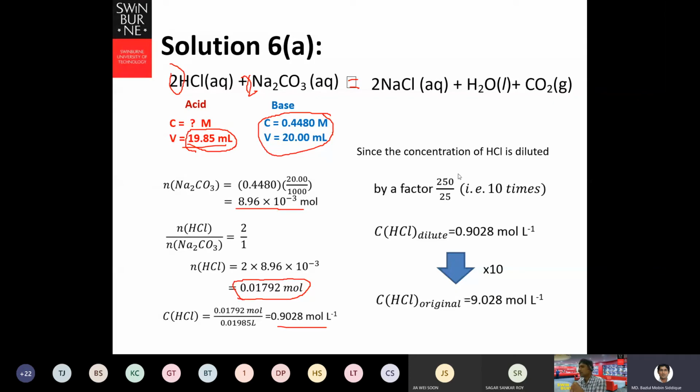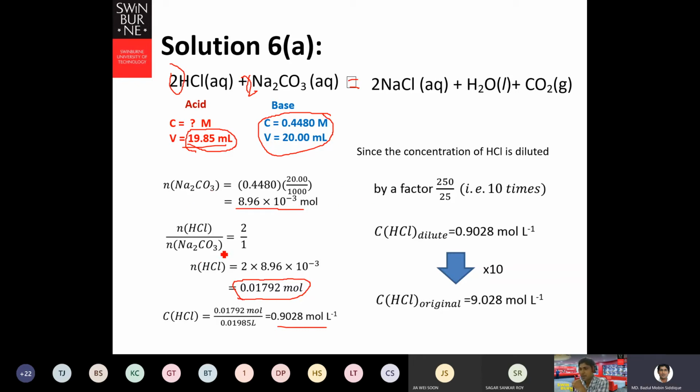Now, this is not all, because at the beginning we diluted this solution of HCl by a factor of 10. So we have to multiply by this factor of 10.